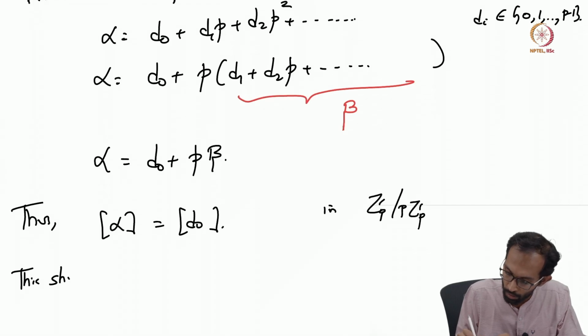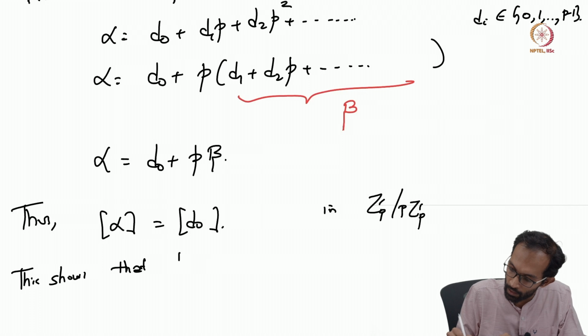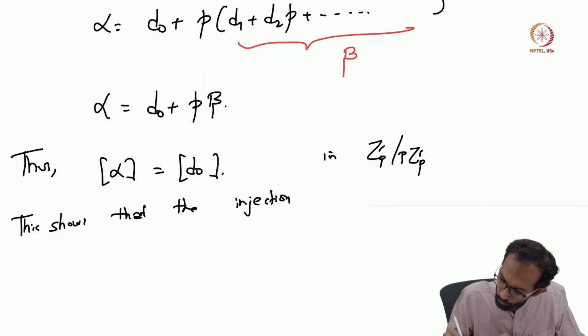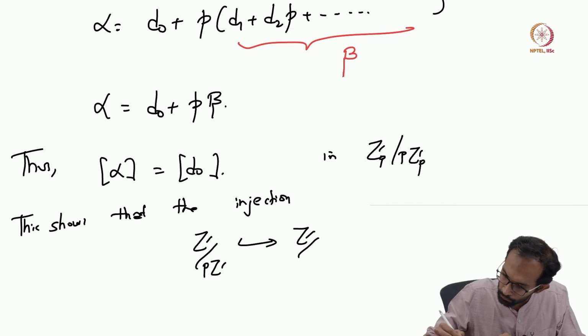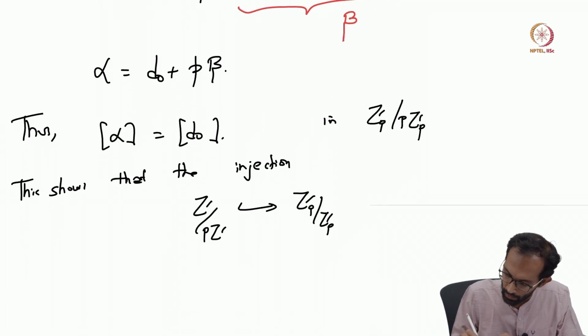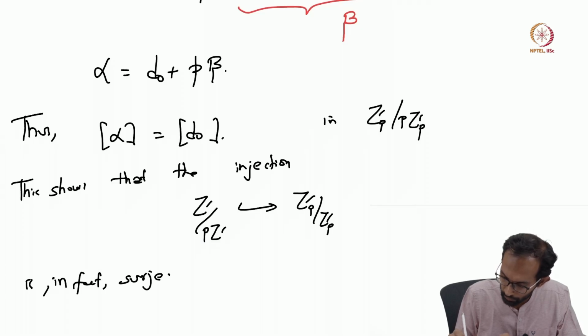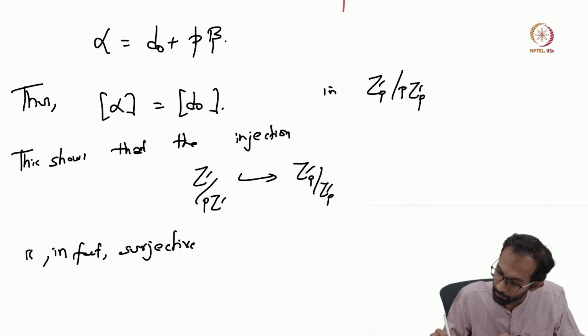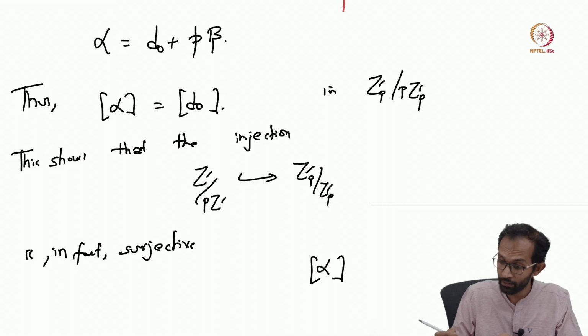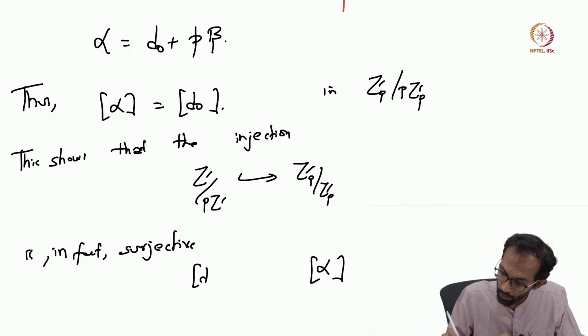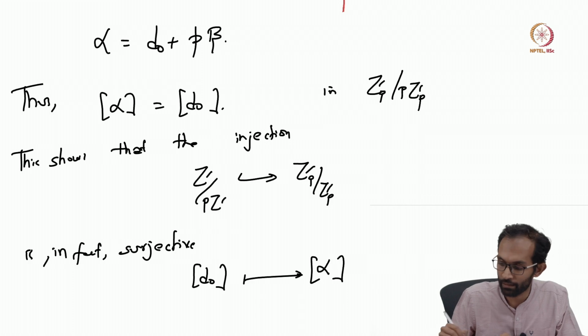So this shows that the injection is in fact surjective, since if I take an arbitrary element alpha and look at its p-adic expansion, and look at the first digit, what I've just observed is that d naught maps to the class of alpha.